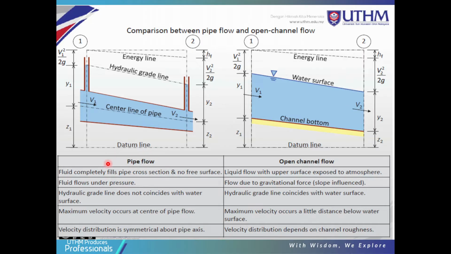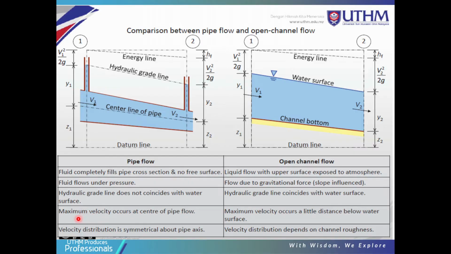In pipe flow, fluid completely fills the pipe's cross section and there is no free surface. For open channel flow, liquid flows with the upper surface exposed to the atmosphere. In pipe flow, fluid flows under pressure. In open channel flow, flow is due to gravitational force, so slope influences it. In pipe flow the hydraulic grade line does not coincide with the water surface, while in open channel flow the hydraulic grade line coincides with the water surface.